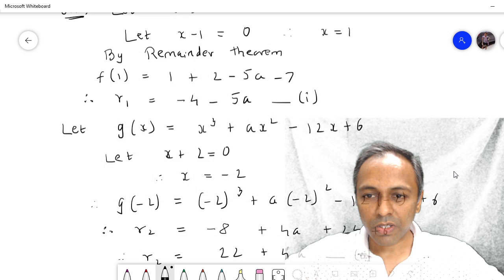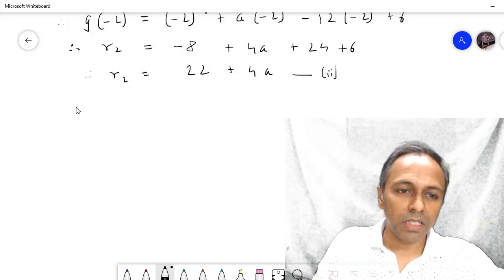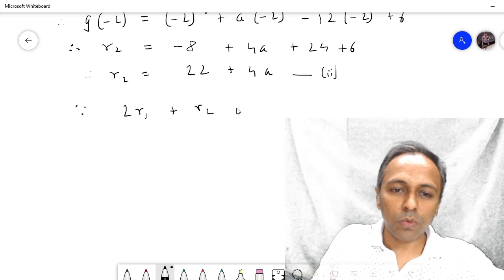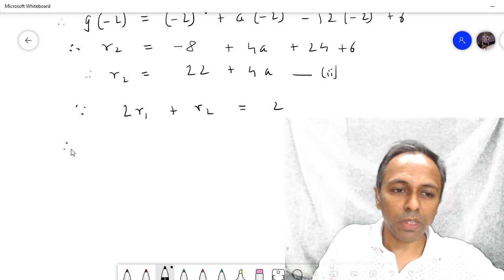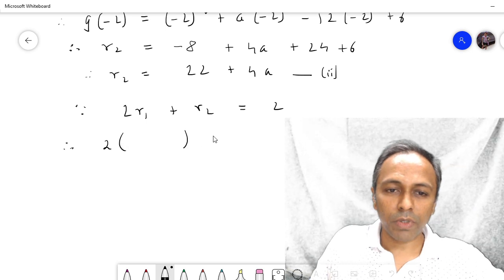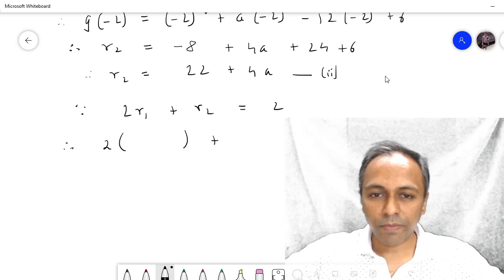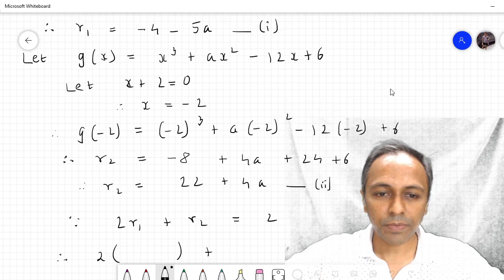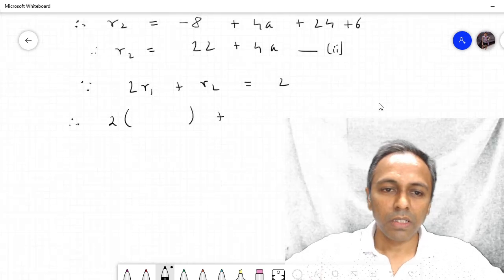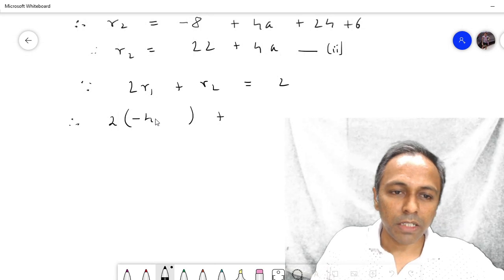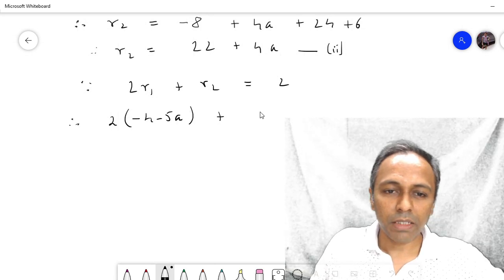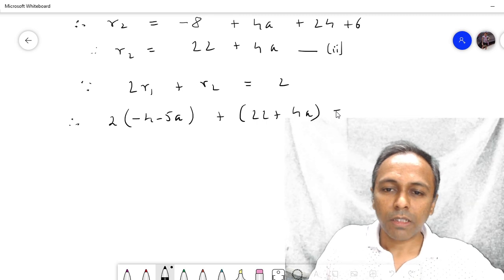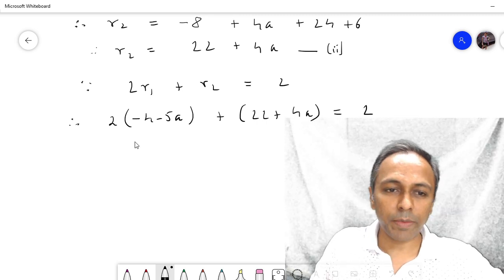So let us write, since 2r1 plus r2 is equal to 2, therefore 2 times r1, let us check what r1 was: minus 4 minus 5a. So this is minus 4 minus 5a plus r2, which is 22 plus 4a, is equal to 2. On the right hand side, 2 is given.